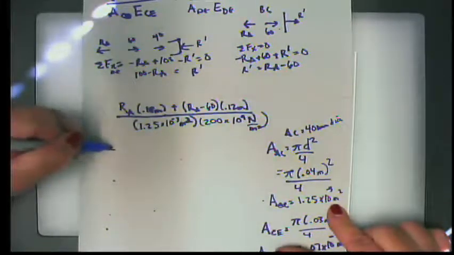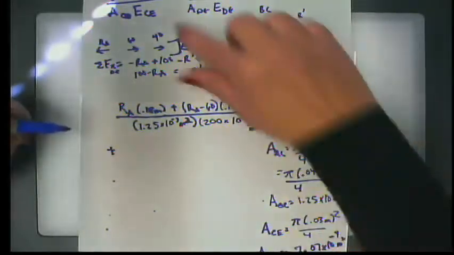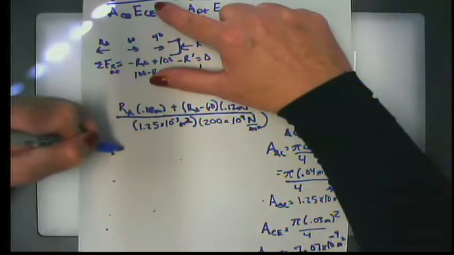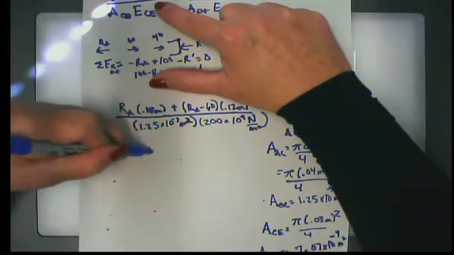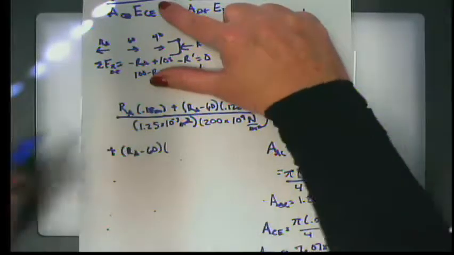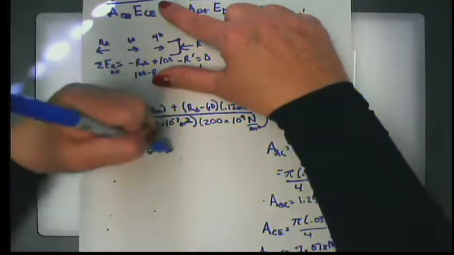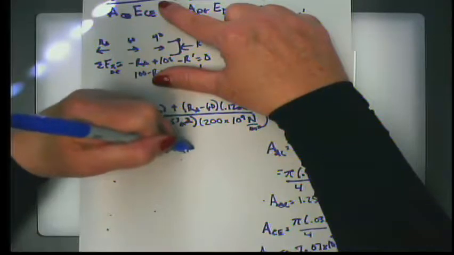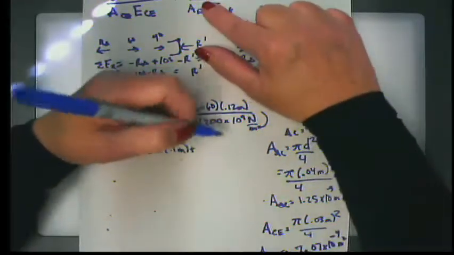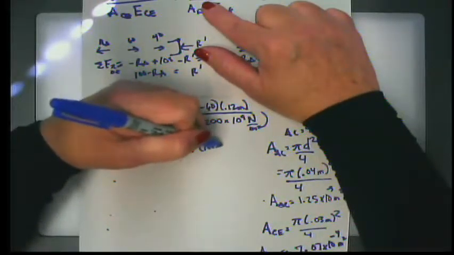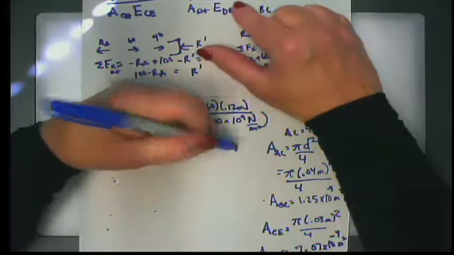And then added to that are my second two terms, R_A minus 60 times the length of CD, which is 100 millimeters, 0.1 meter, plus this term, 100 minus R sub A times L_DE, which is also 0.1.